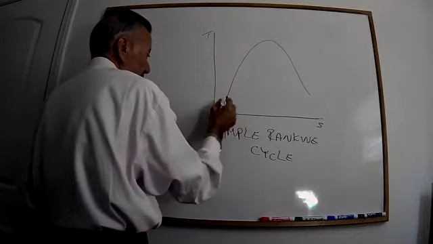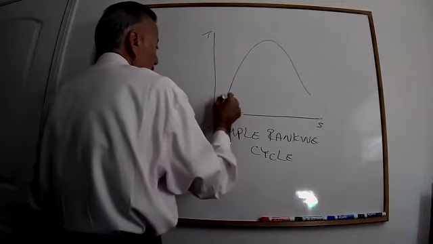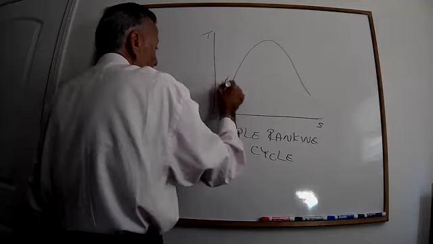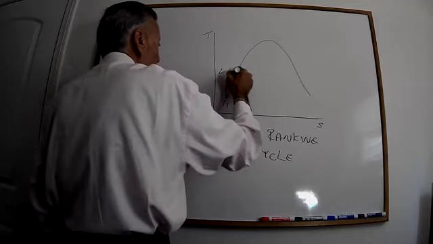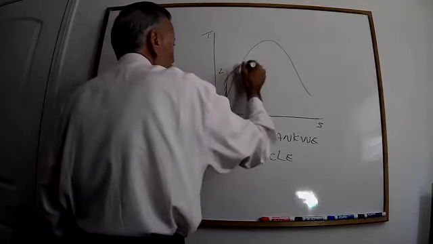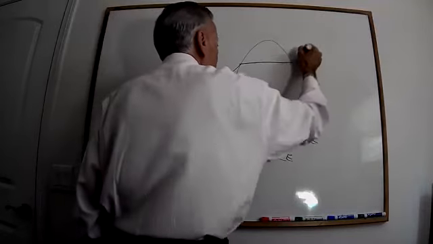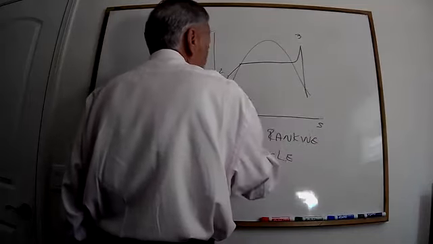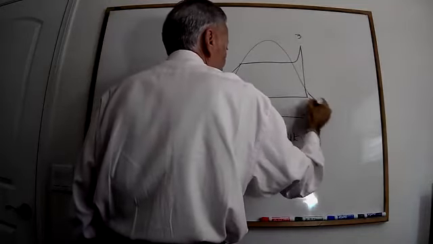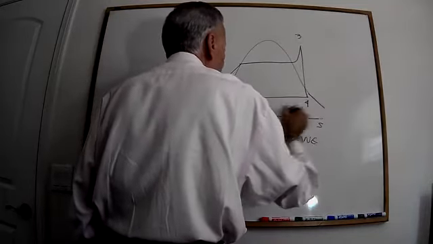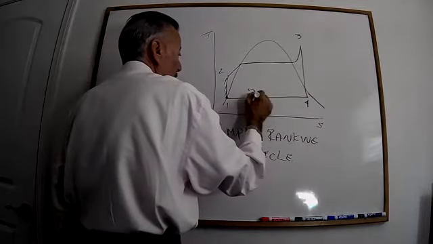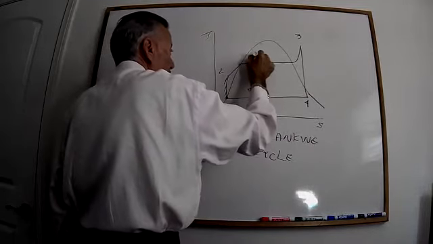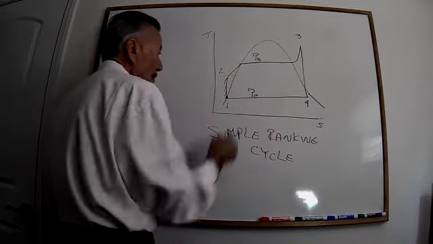Point 1 is always the saturated liquid line going up. Point 2 is isentropic, for work of a pump. That is our boiler, and that's our point 4. That's what we call condenser pressure, boiler pressure.